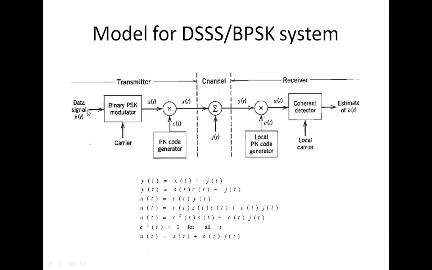It will be directly the data signal b of t multiplied with a pseudo noise sequence to give the resultant product signal, which will be transmitted to the channel, and at the receiver, the received signal will be once again multiplied with the locally generated PN sequence, correct? And this would be the data signal back. So that is the case of baseband.